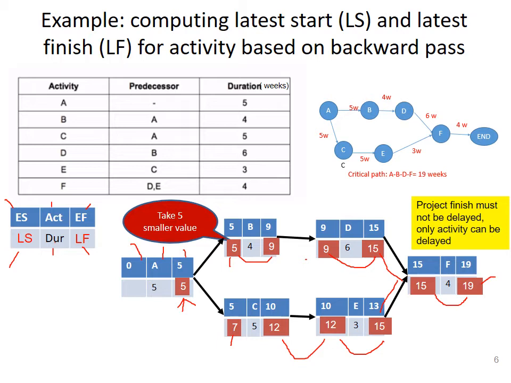Logiknya ialah aktiviti A perlu habis sebelum aktiviti B dan aktiviti C mula. Since aktiviti B paling lewat boleh mula pada week kelima, jadi aktiviti A must finish at week 5. Okay. That's why you take the smaller value. So latest start time for activity A ialah 5 minus 5 lah, iaitu 0.